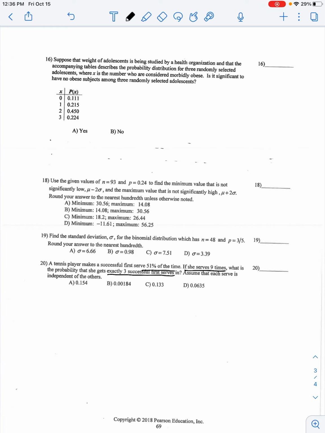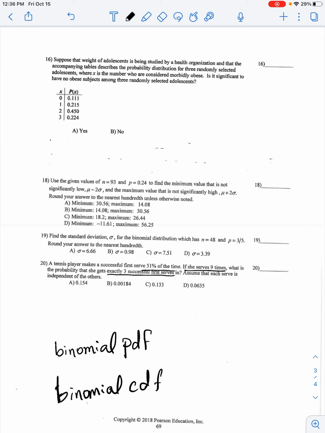For exactly, we have 2 commands that are useful in this section: binomial PDF and binomial CDF.